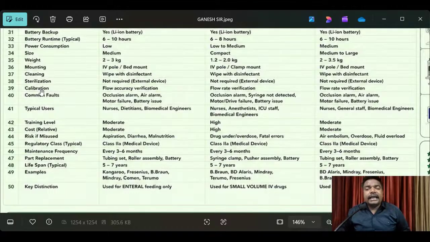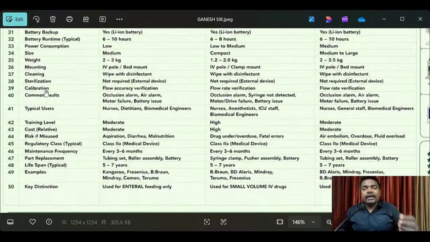The 39th point here, calibration. I'm going to compare this calibration point across the three equipments. First, for the feeding pump, calibration is not required, not available. Flow accuracy verification will be done. For the syringe pump and infusion pump, flow rate verification, yes, calibration is required.